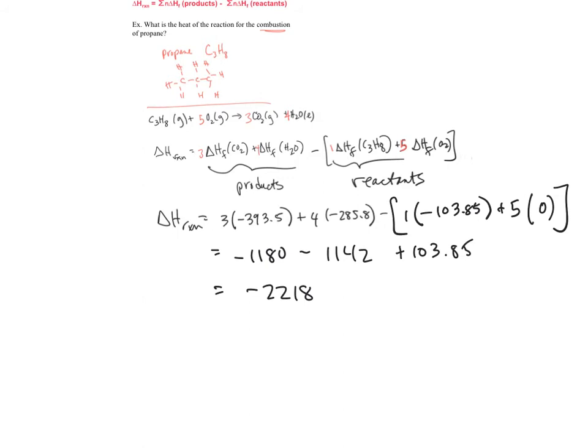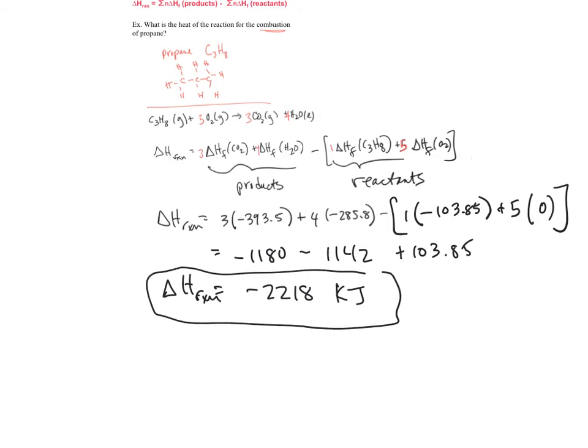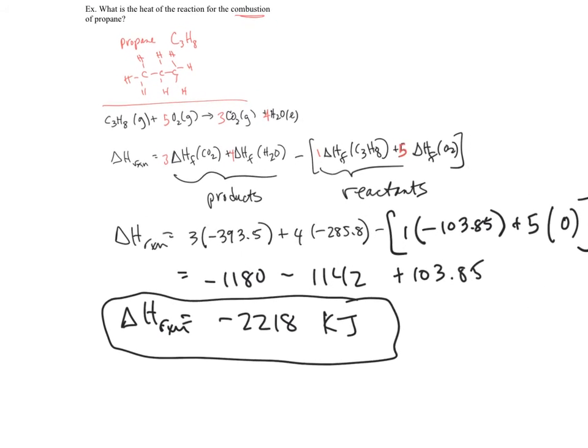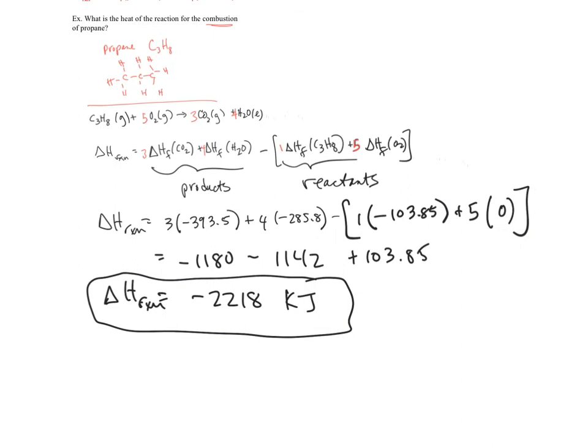Okay, well, I might have made a mistake, but I did get the same answer twice. So the heat of the reaction, in kilojoules per mole of propane consumed. This is very, very common to calculate the heat of a reaction, so it's very, very important that you know how to do this right here.